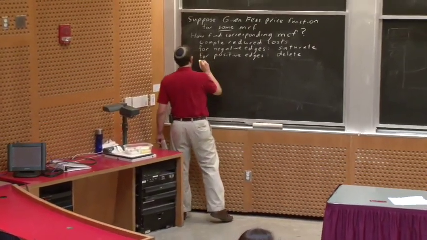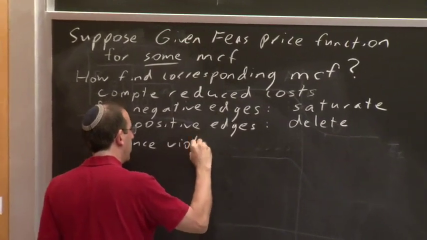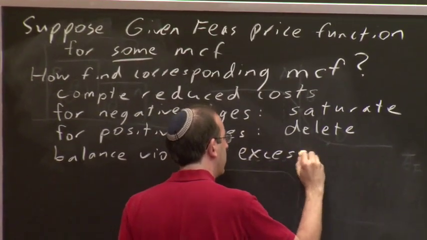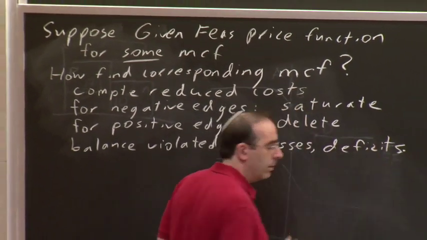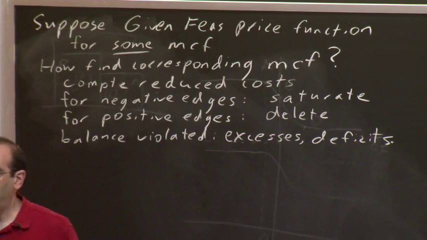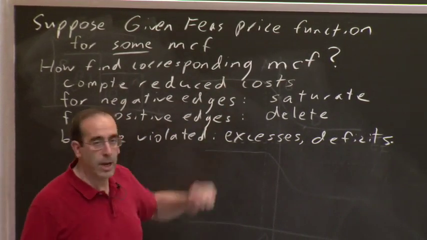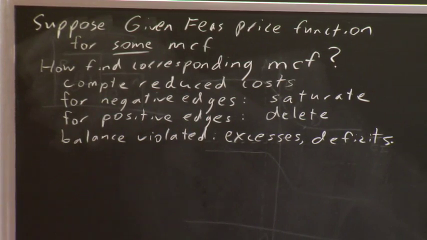So at this point, balance is violated. I have excesses and deficits. Some vertices have too much flow coming in. Some vertices have too much flow going out because of this flow that I put onto the negative cost edges. How can I fix that?